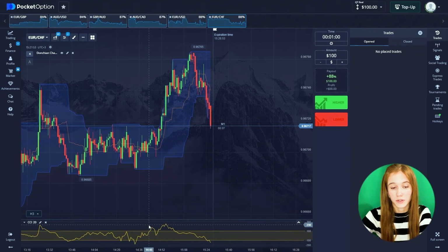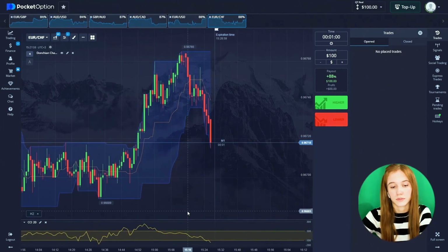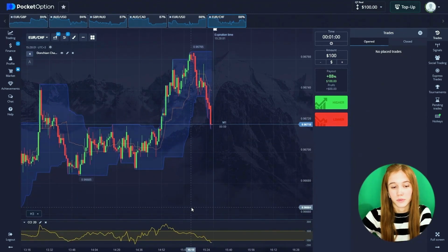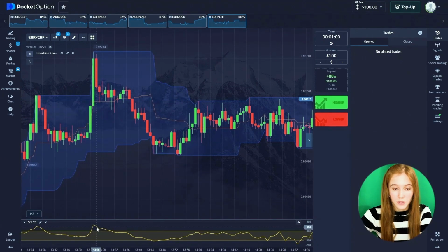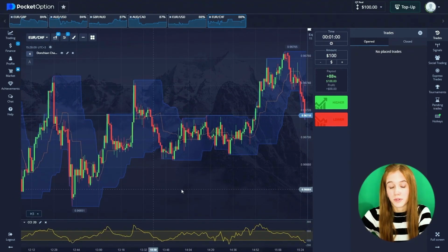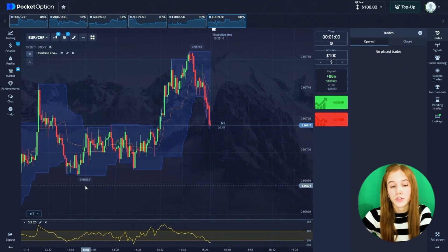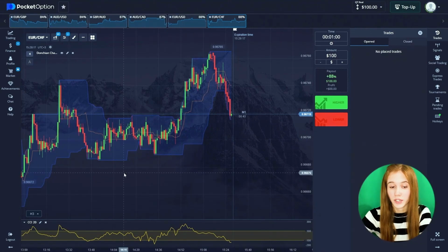You can see two areas, overbought and oversold, plus 100 and minus 100. The most correct signal to remember is the exit from and entry into consolidation. These are the most correct trades that can be opened.